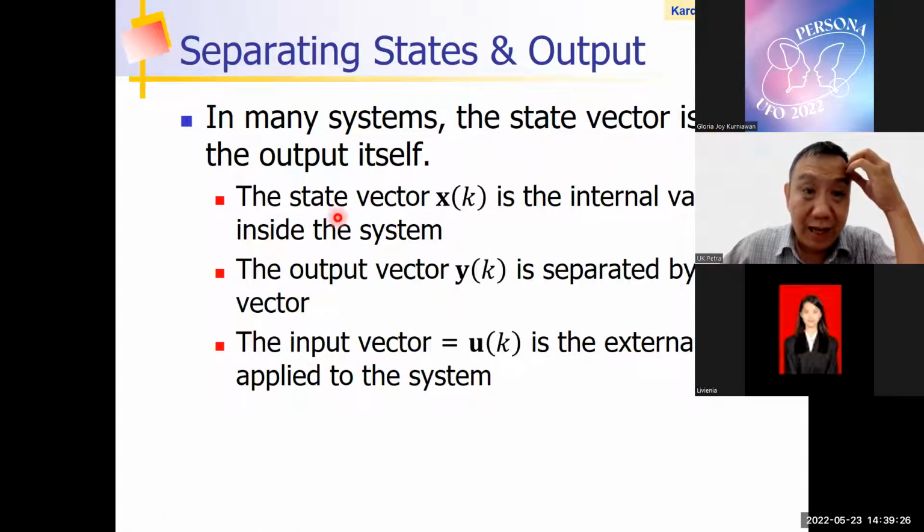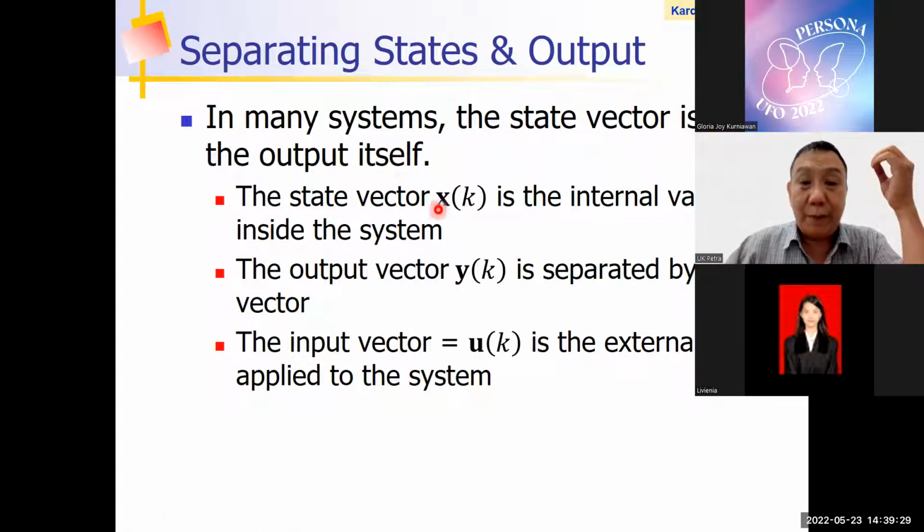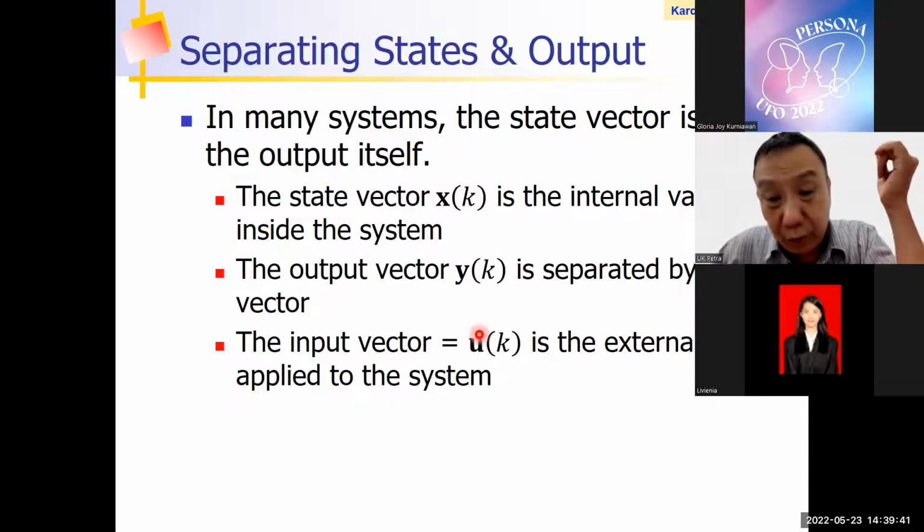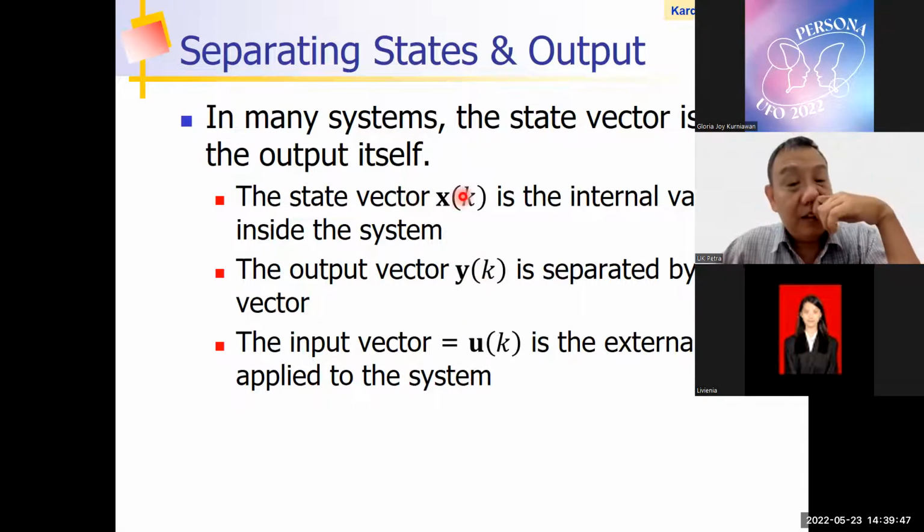Now with that, we can start to separate the input, the output, and the state vector. This is the input, this is the output, this is the state vector. The input is U, the output is Y, and X is the internal variable inside the system.